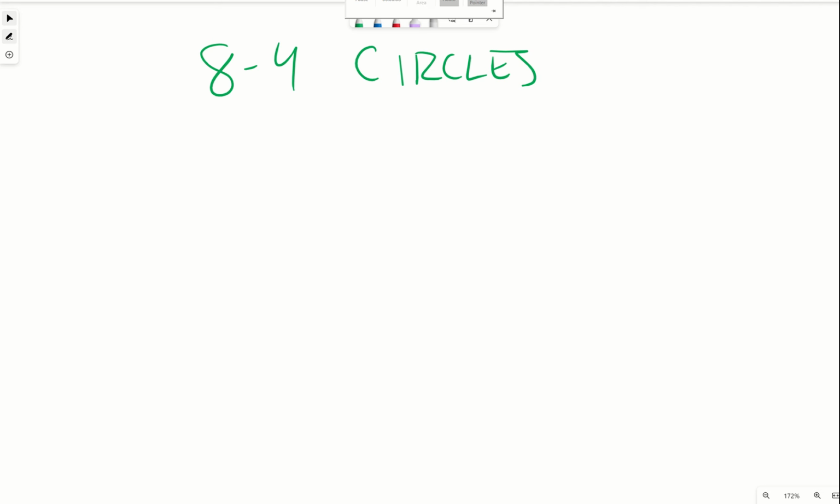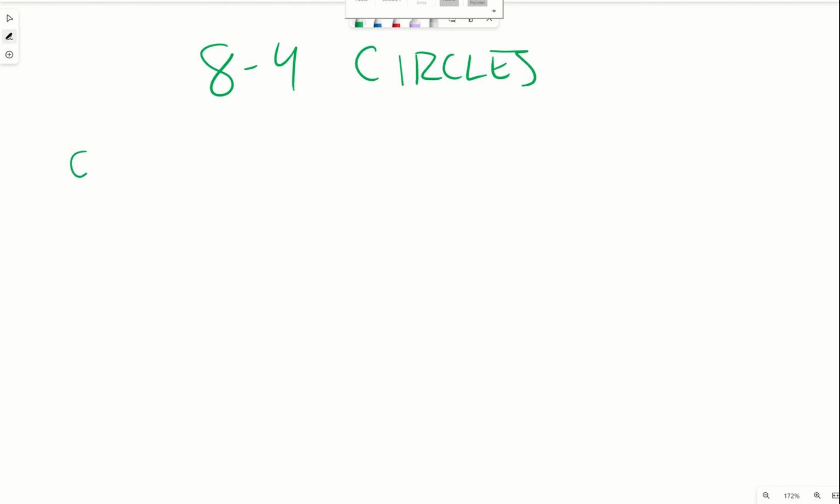Good day to you. Today we are talking about circles. So, a circle is a set of all the points in a plane that are the same distance from a given point.